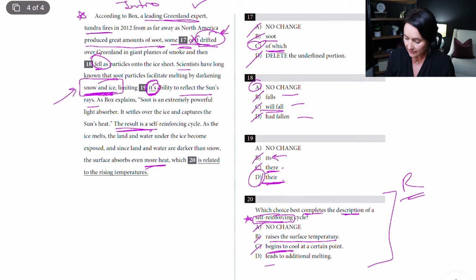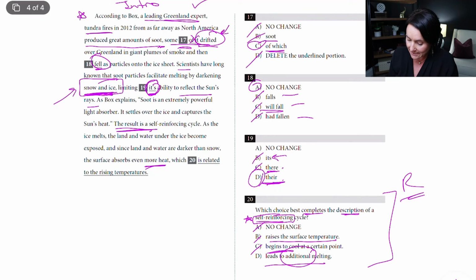Let's look at D. Leads to additional melting. Remember I said self-reinforcing means to kind of do again and again. This is kind of a vocab question as well because you have to know what reinforce means. So let's add D to here and see how it sounds. All right, let's start again. The result is a self-reinforcing cycle. As the ice melts, the land and water under the ice become exposed.